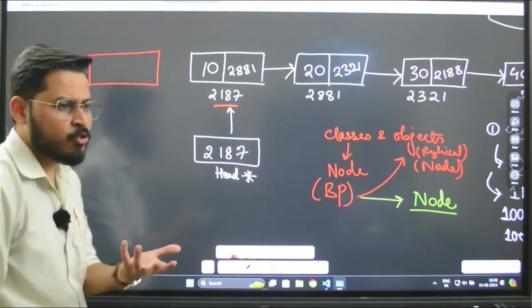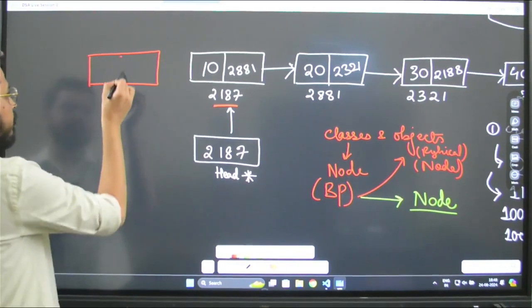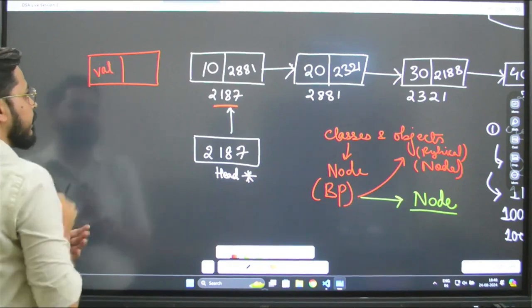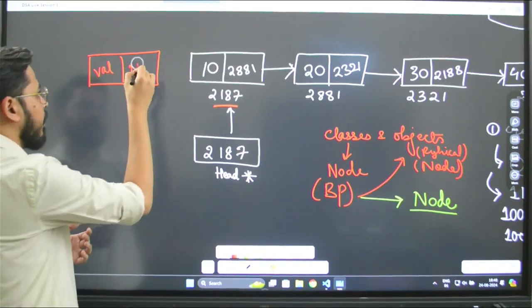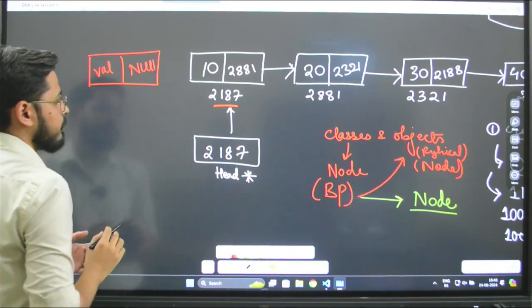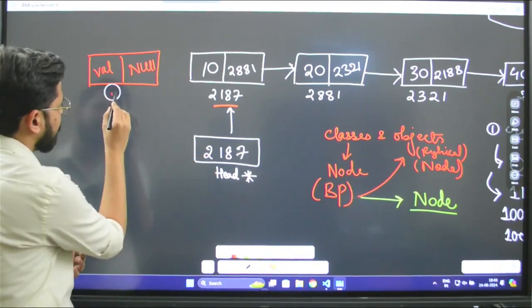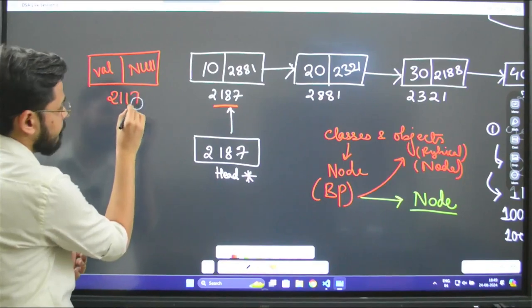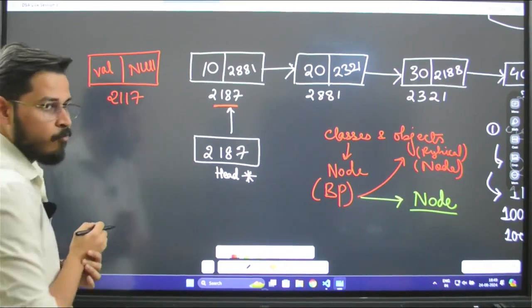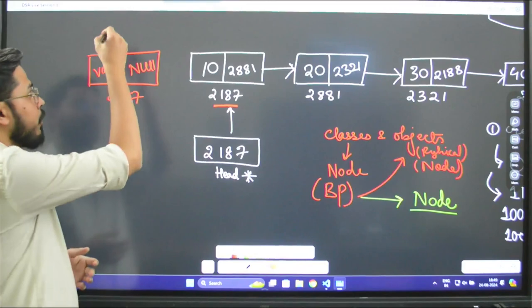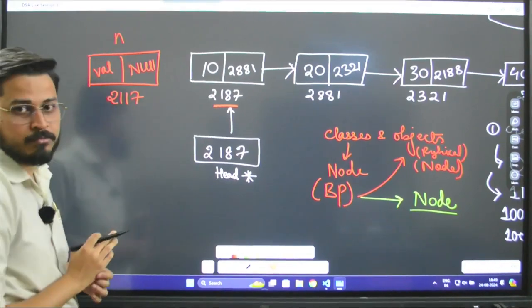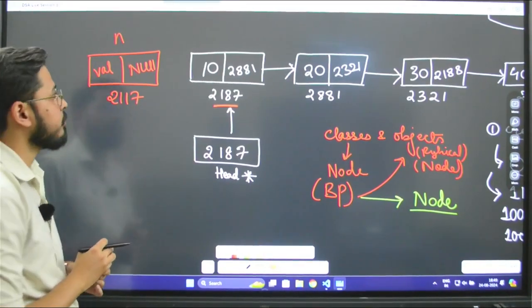My first step is already done, you know how it is done. Some val is put here and this is null right now. Let us say the address of this is 2117. 2117 is the address of the newly created node n, which we have just created.